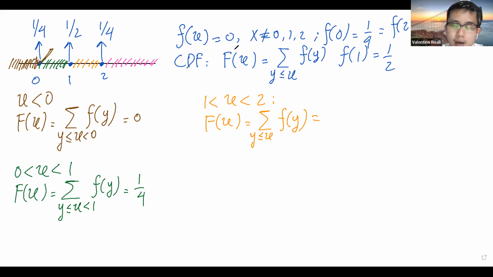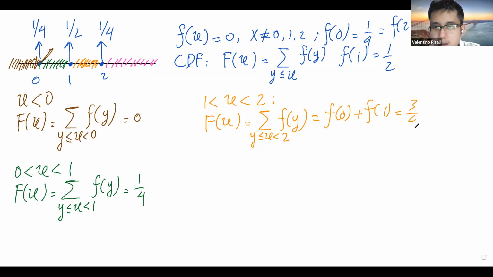What is the reason for this? Because you just add the 1/4 and 1/2. Right, because the value of x is less than 2, and the non-zero values of f which are less than 2 are f(0) and f(1). So we sum these two numbers and we get 3/4.